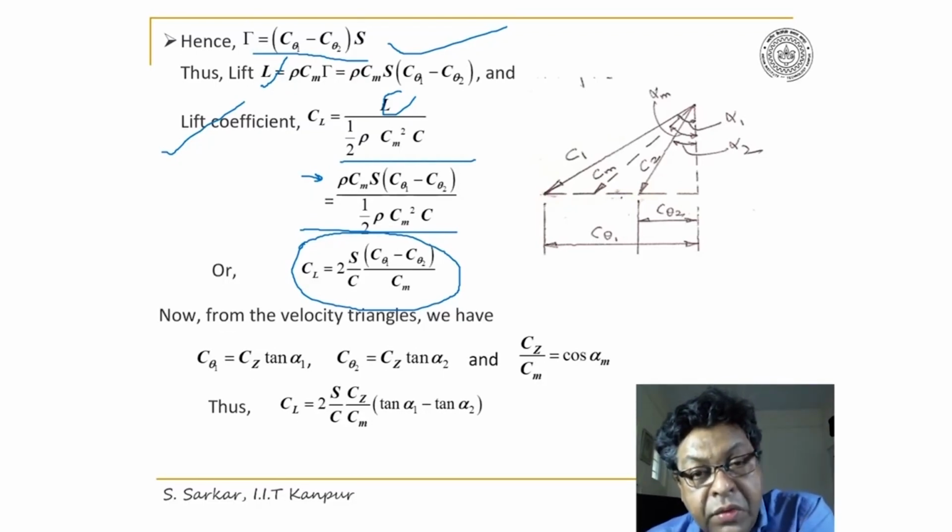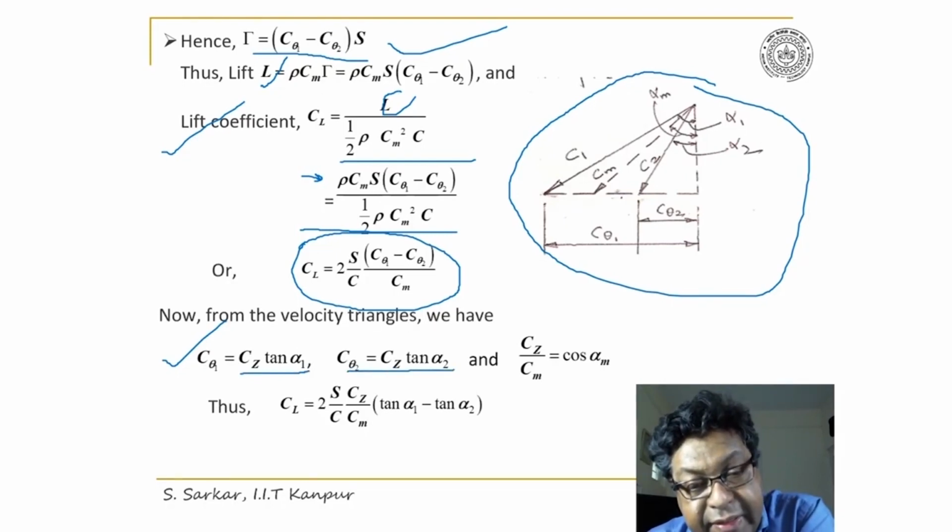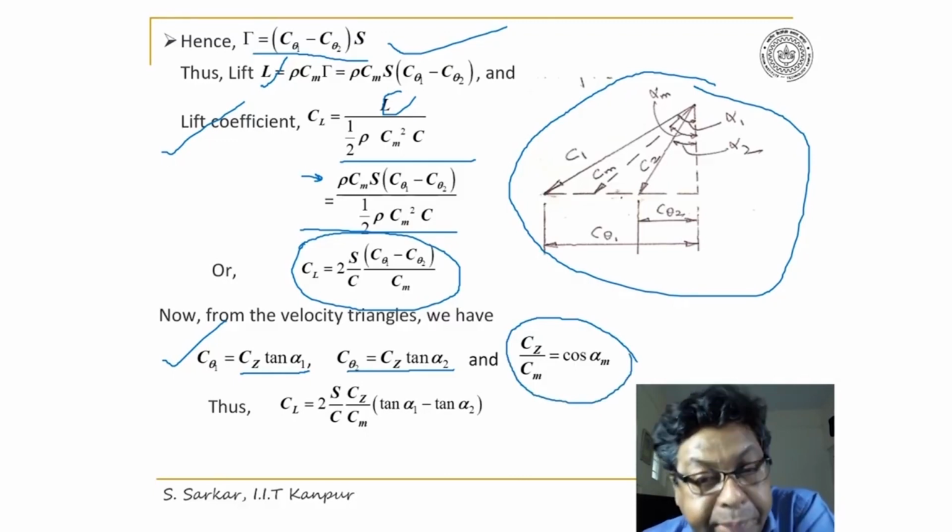Now from the velocity triangle here, one can easily get C theta 1 equal to CZ into tan alpha 1, C theta 2 equal to CZ into tan alpha 2, and CZ by Cm is equal to cos alpha m.